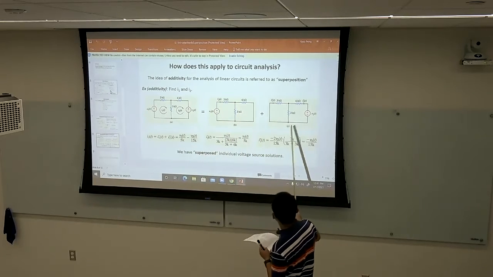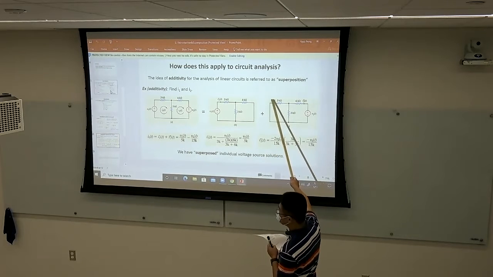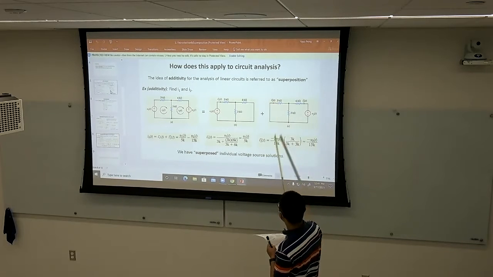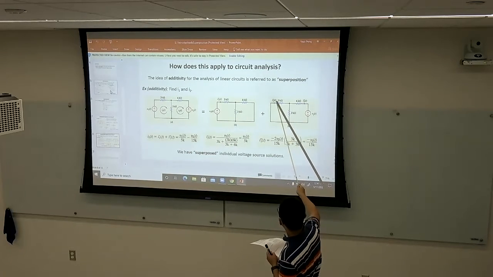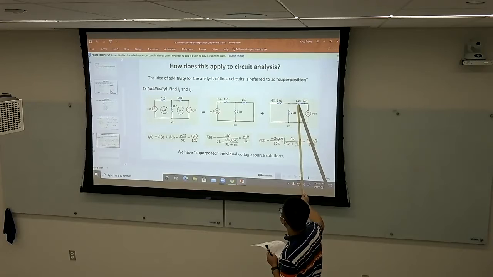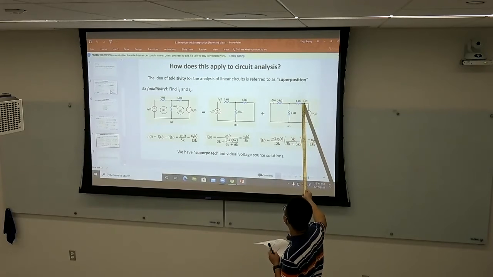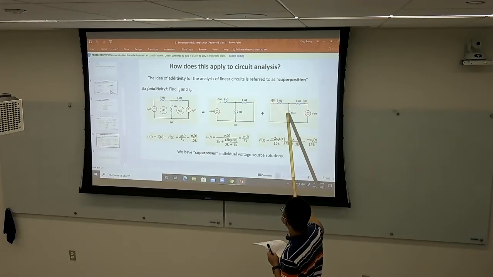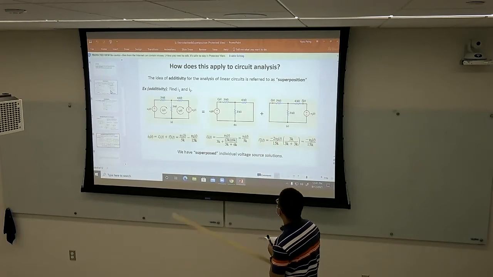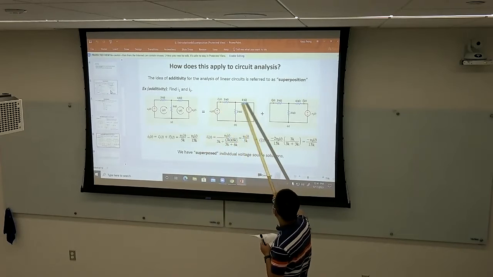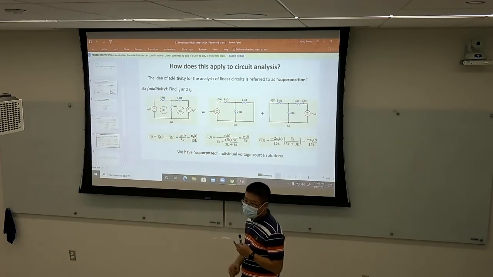And then for the other circuit, we need to calculate this I1 double prime. This is a little bit more complicated. These two resistors are in parallel and then in series, so we can calculate I2 double prime first, and then use the current division to calculate I1 double prime. We add I1 prime and I1 double prime to get the current I1 of the original circuit.